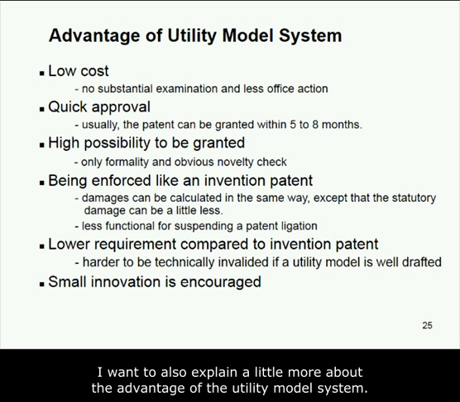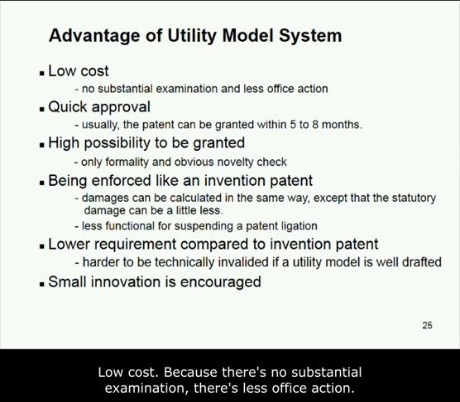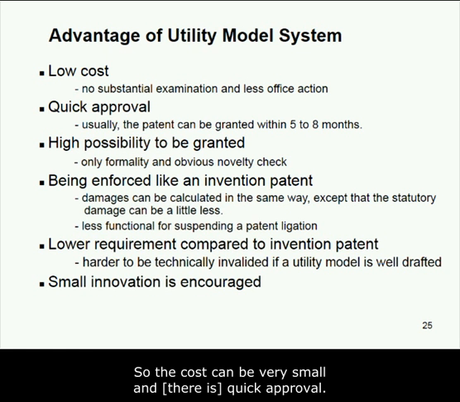I want to also explain a little more about the advantages of the utility model system. First, low cost, because there's no substantial examination and fewer office actions, so the cost can be very small. And quick approval.